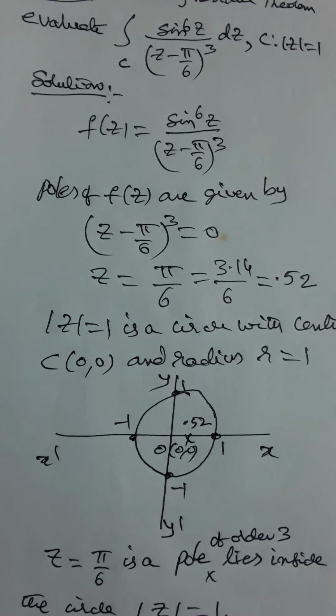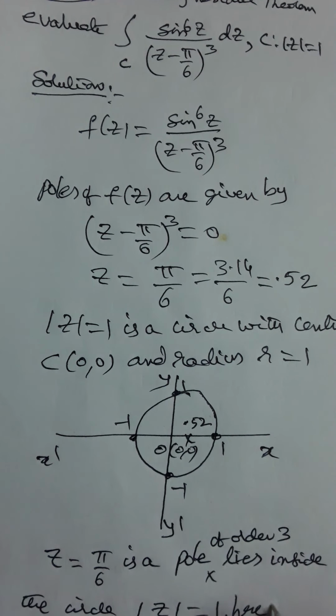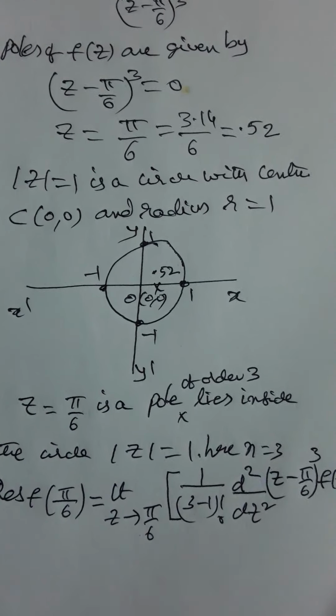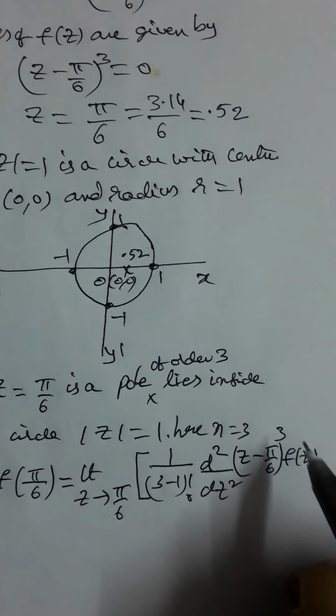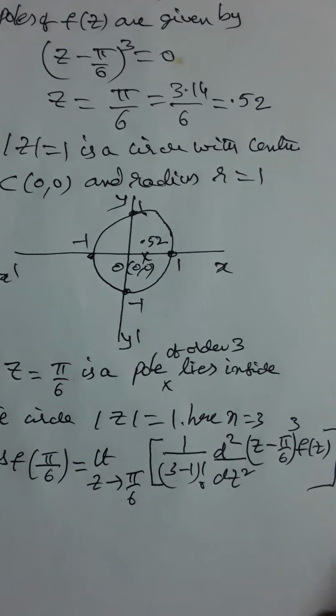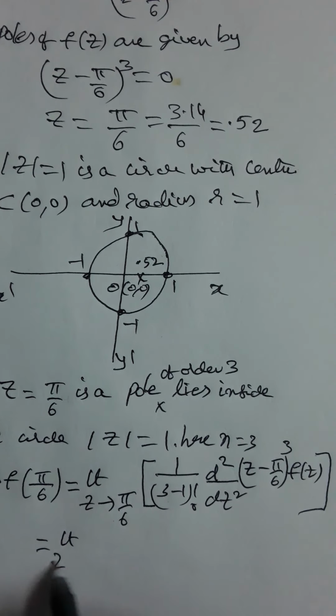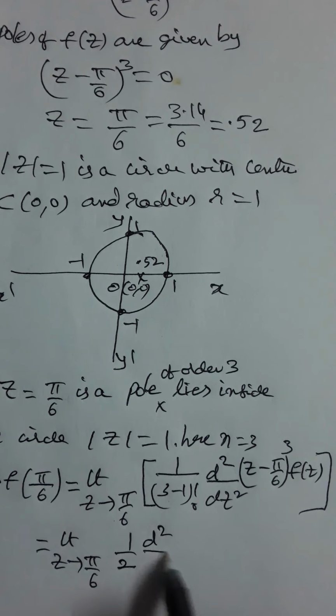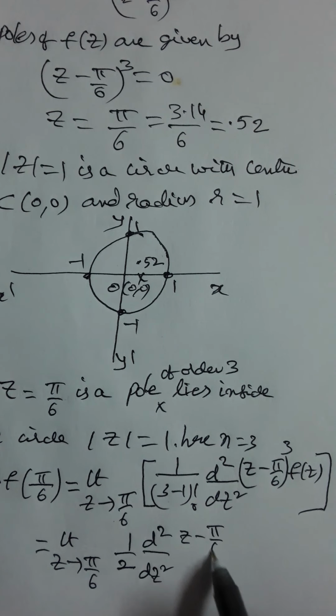So residue f of pi by 6 is equal to limit z tends to pi by 6 of 1 by (n minus 1) factorial, where n is 3, so 2 factorial, into d square by dz square of (z minus pi by 6) whole cube into f of z.